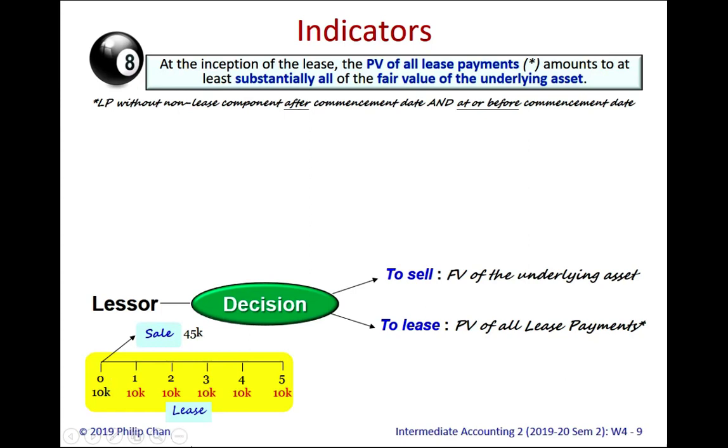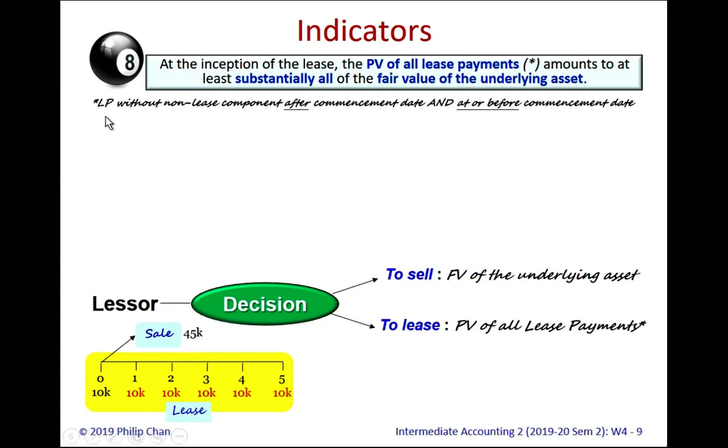So from a classification point of view, for finance lease or operating lease, remember that if there are payments to be made at time t0, you must include them in order to have a proper present value of those lease payments to compare with the fair value of the asset.